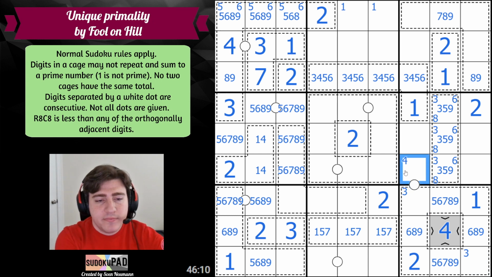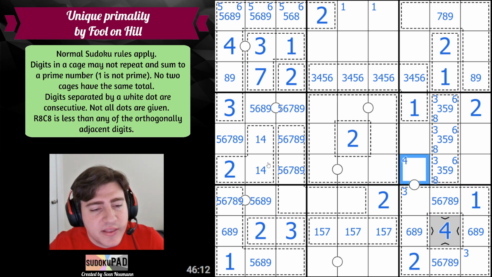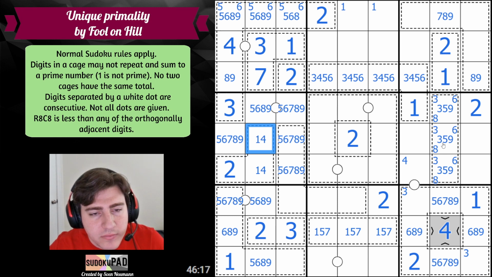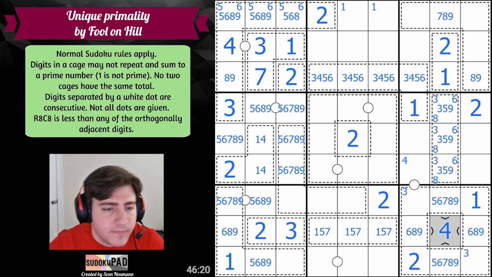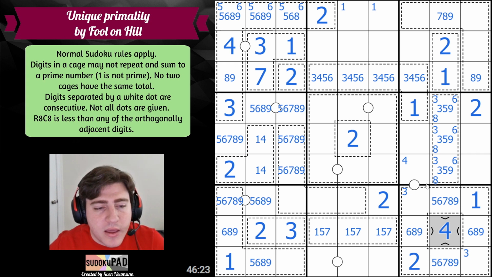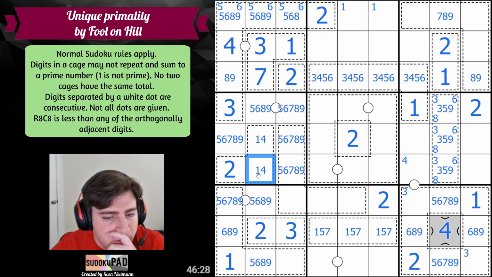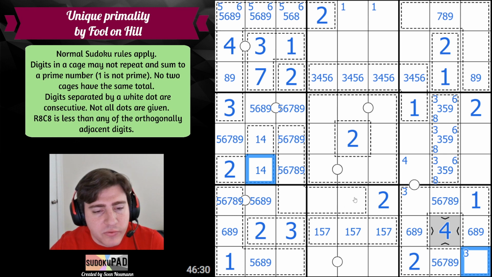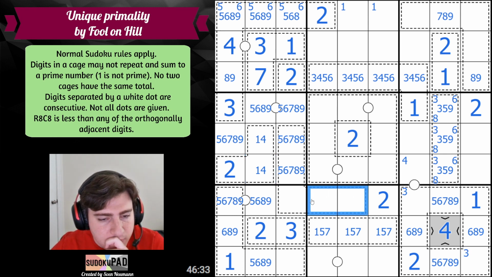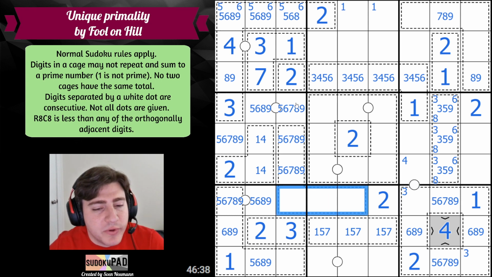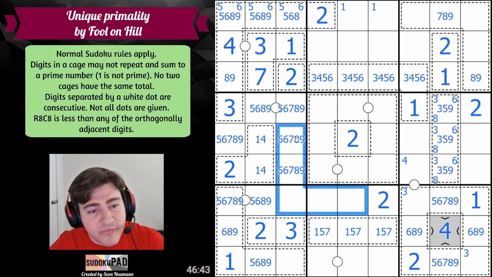Three with 4. 4 would make this, 1 would make this 4. I don't know why one of those is better than the other. 4 would make this 3. 3 would say 3 has to go in here. I guess that's the question, really, is what we should be thinking about. We know now that 2, I'm realizing I've missed this. 2 can no longer go in here. 1 can no longer go in here.